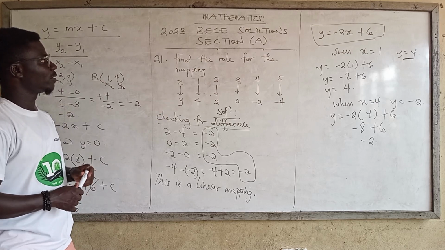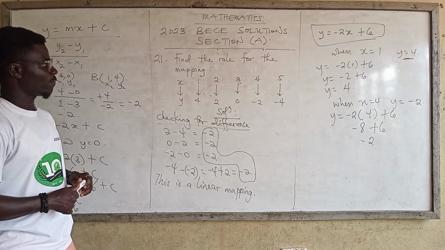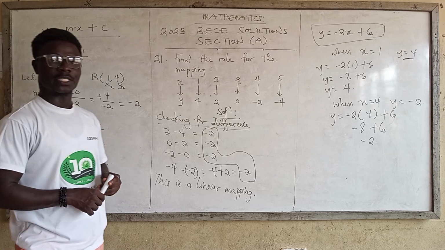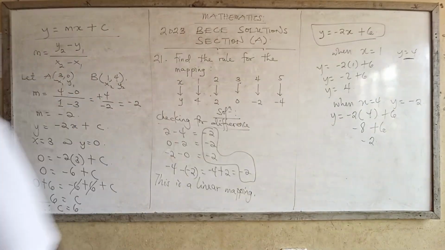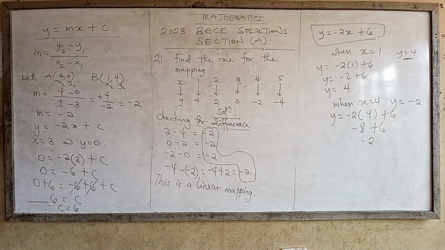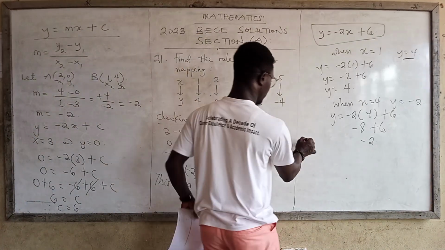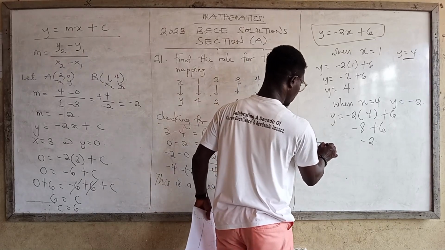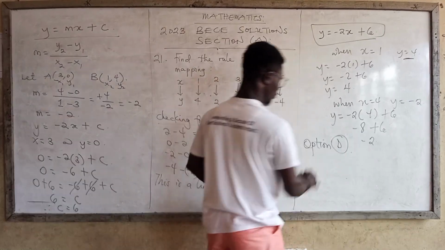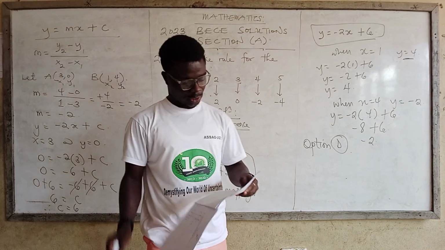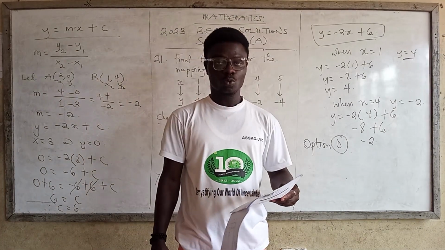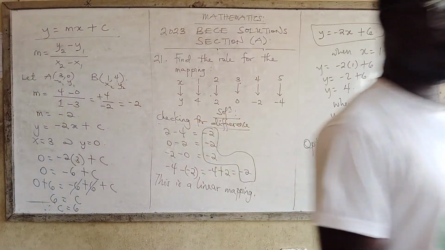So that's the rule for the mapping: y equals negative 2x plus 6. Let's see our possible answers here. y equals negative 2x plus 6 is option D. Option D for dog.